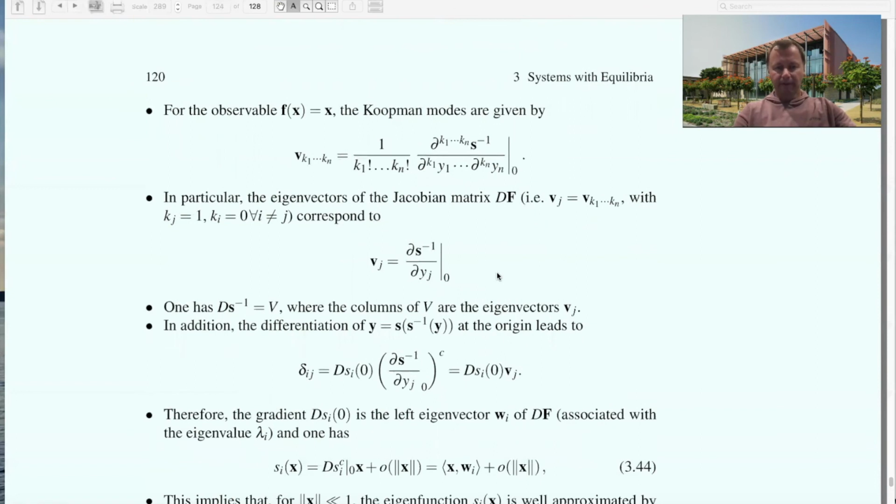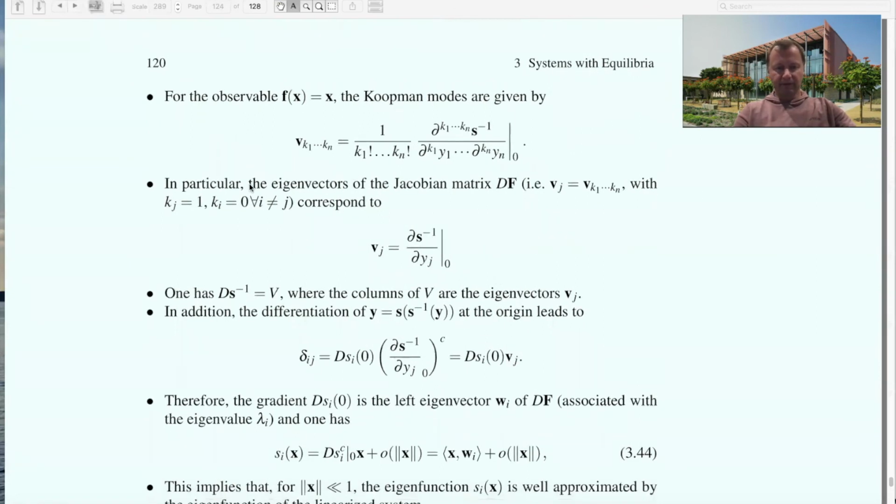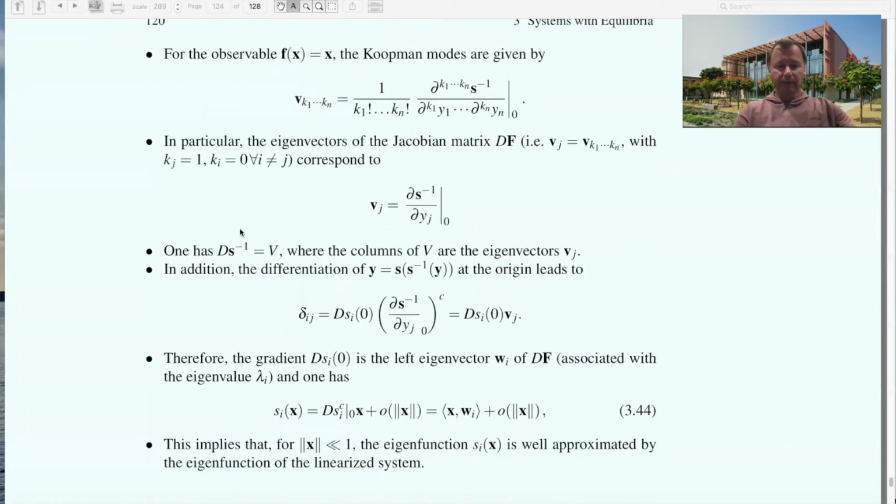And the eigenvalues, in particular the eigenvectors of df, correspond to partial S inverse with respect to yj at 0. So we have dS inverse equal to V, where the columns of V are actually the eigenvectors Vj.